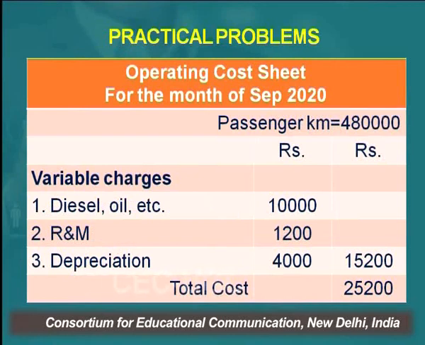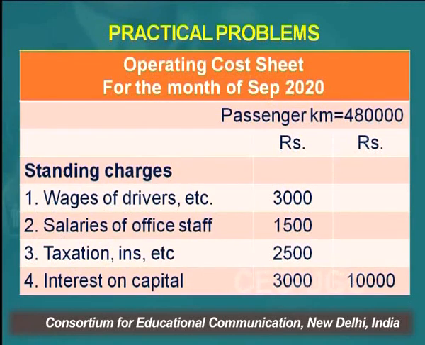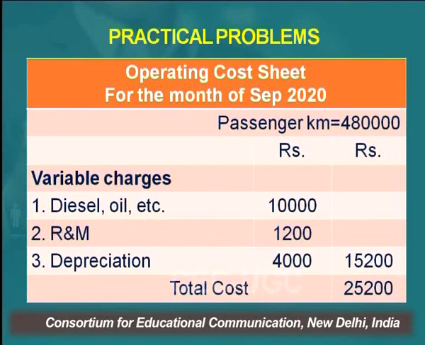The total comes to 10,000 rupees. These are the fixed charges which you pay. Now coming to the variable charges: diesel and oil 10,000 rupees, repair and maintenance 1,200 rupees, depreciation 4,000 rupees. As I said in my previous lecture on service costing, depreciation we take in the variable cost.